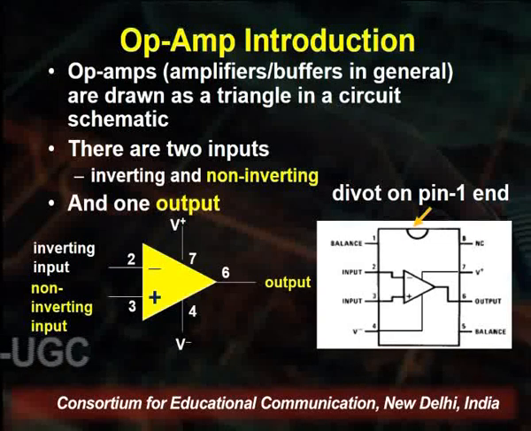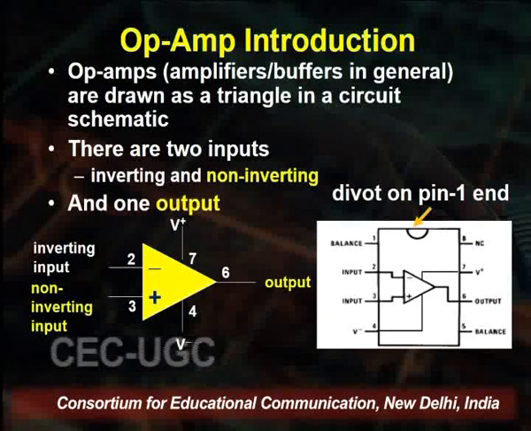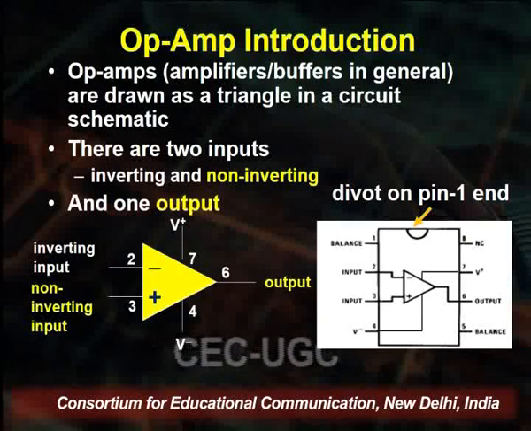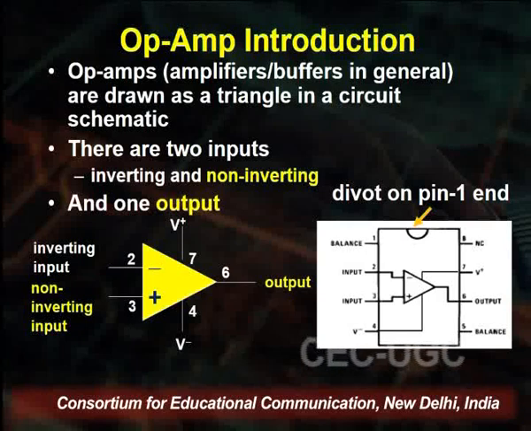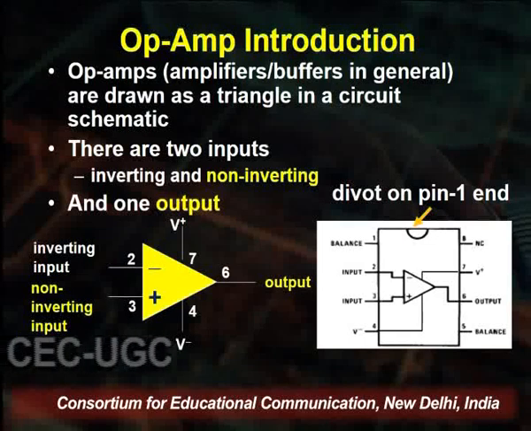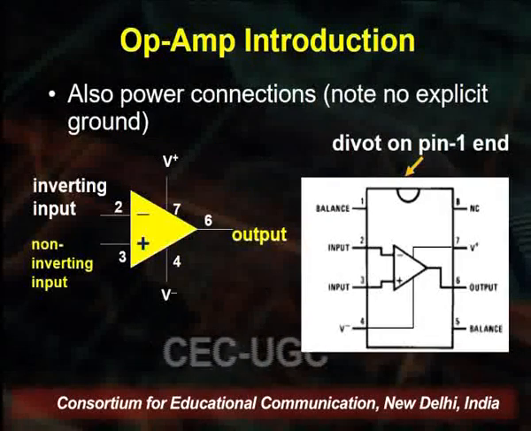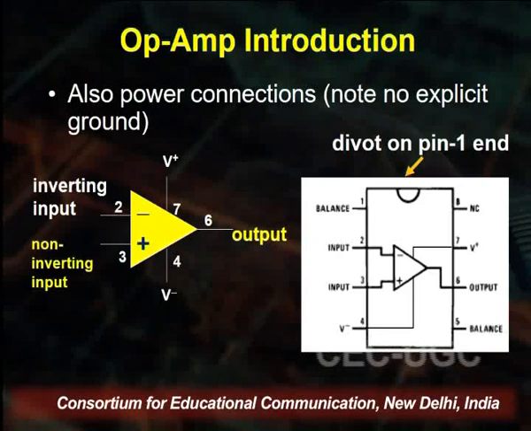The pins are defined by numbers here: 2, 3, 4, 5, 6, 7, the inverting input and the non-inverting input, with a dot on the pin 1 end. The op-amp also defines the power connections.